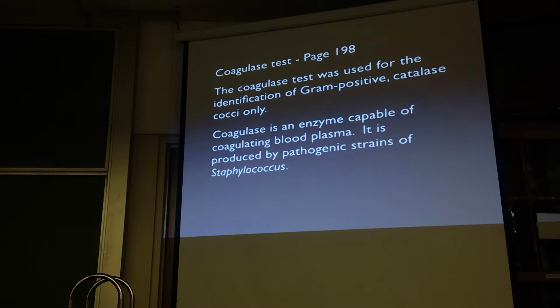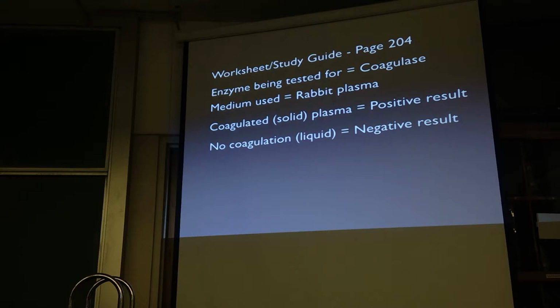It would coagulate, right? In this case, it's going to act on blood plasma and cause that blood plasma to become solid. Don't shake those tubes, by the way. To read the coagulase tubes, you just turn them upside down.